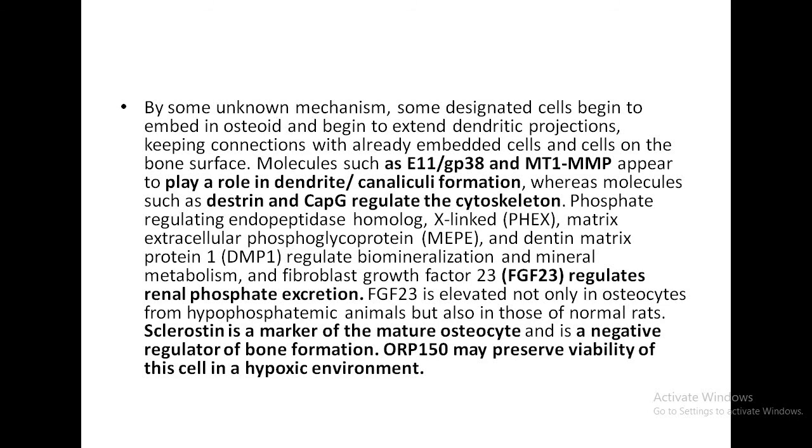Some designated cells in the osteoid form dendritic projections. Molecules such as E11, GP38, MT1-MMP have an important role in this dendritic or canaliculi formation.